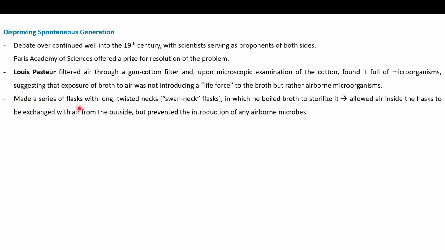Then he made a series of flasks with long twisted necks, which he called swan neck flasks, in which he boiled the broth to sterilize it. He allowed air inside the flasks to be exchanged with air from the outside, but prevented the introduction of any airborne microbes due to the twisted swan neck.